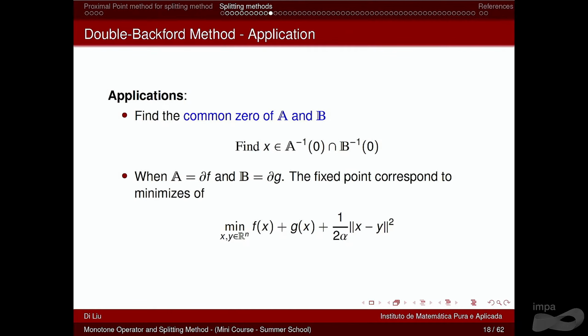And if A and B are the subgradients of two CCP functions, then the fixed points of this double backward splitting correspond to the minimizers of these functions. These are the applications of the double backward method.